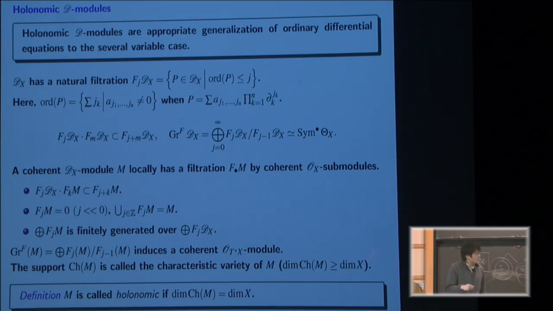It is known that the dimension of the characteristic variety is at least the dimension of X, which was originally due to Sato, Kashiwara, and Kawai, and later proved by Gabber in a much easier way. Then the D-module is called holonomic if the dimension of the characteristic variety is equal to the dimension of X. So this is the definition of holonomic D-modules. Very roughly, we impose some non-trivial constraints at any point, in any direction.